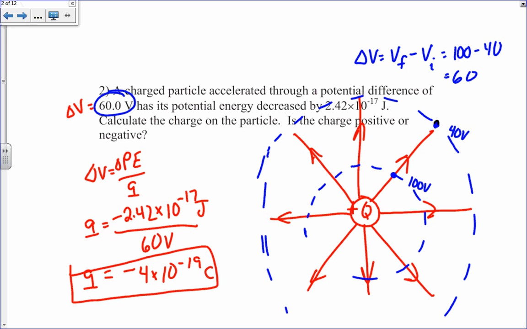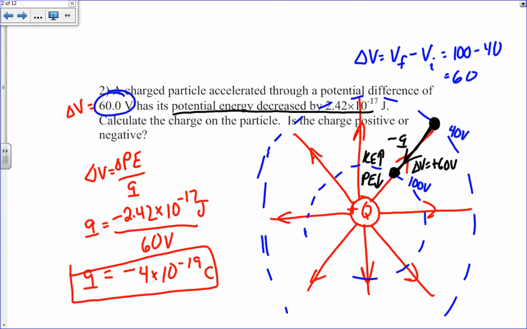My particle starts here and goes in this direction in order to have a delta V of plus 60 volts. That particle moving from here to here has to be a negative particle, attracted to the positive particle in the middle. This particle sees an increase in kinetic energy and a decrease in potential energy.